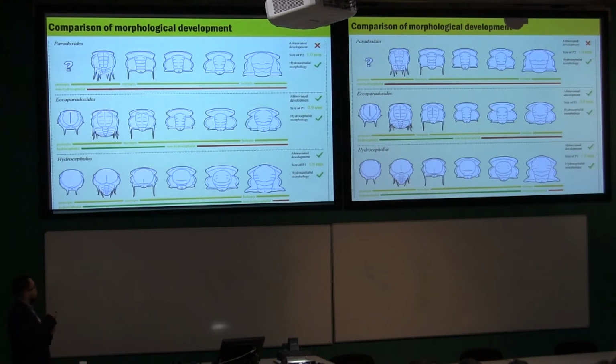The second trend is increasing abbreviation of development. And the third trend is that in Paradoxides there is practically no so-called hydrocephalid stage, no stage in the ontogeny of Paradoxides has this hydrocephalid morphology with inflated glabella.